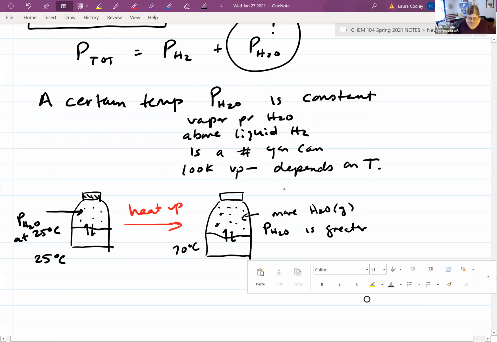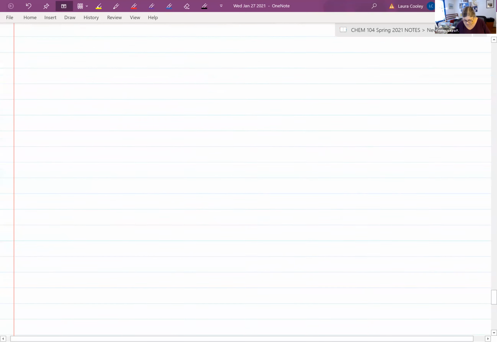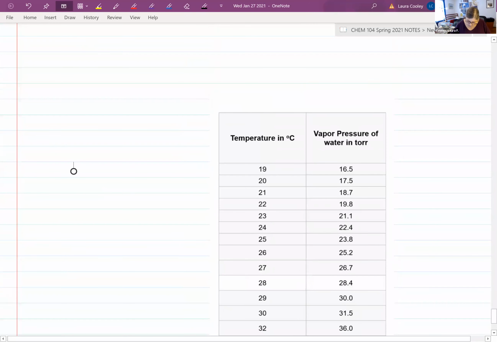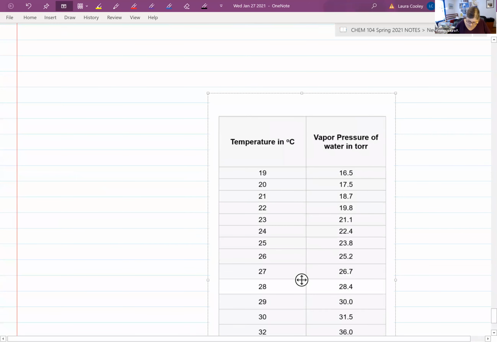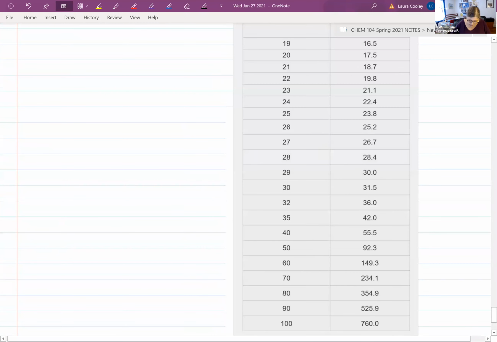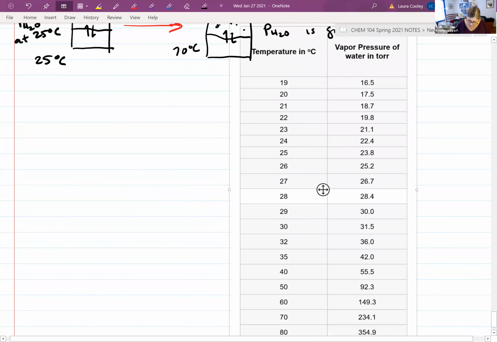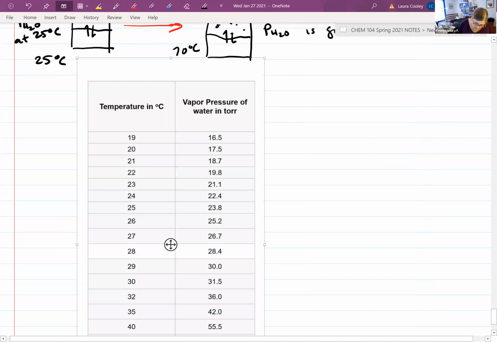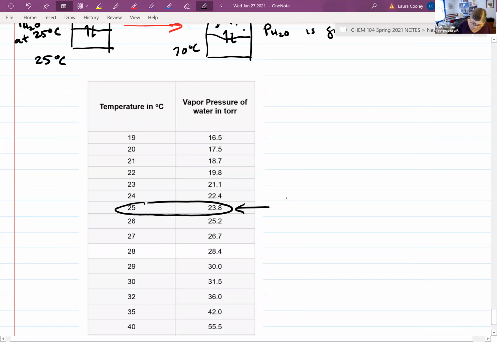These are numbers that we can look up. They're in tables. In fact, I have a table here for you. Let me move it a little bit. So here you could see at 25 degrees C, the vapor pressure of water, pH2O, is 23.8 torr, or millimeters of mercury.